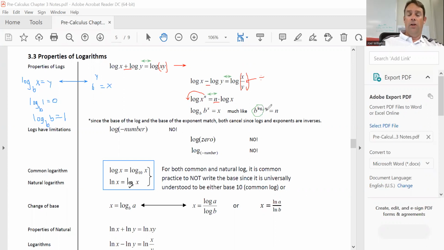So if you have b as the base of an exponential function, and the log of that same base is in the exponent, they undo each other, and you're left with just whatever that exponent is. And again, like we said before, you can't take the log of 0 or the log of a negative number. Those are big no-nos. Also, you can't have a base that is a negative number or 0 as well. So all these different things come into play.